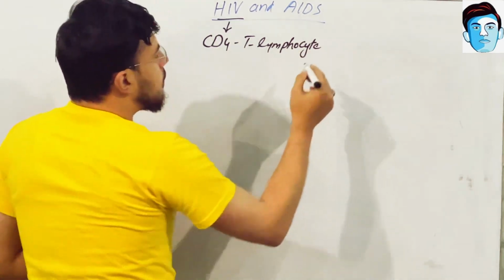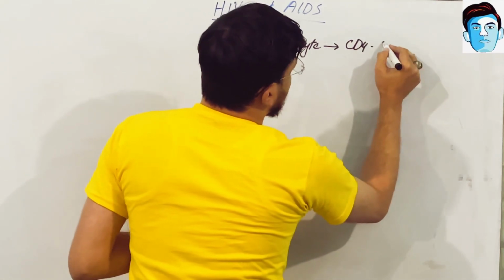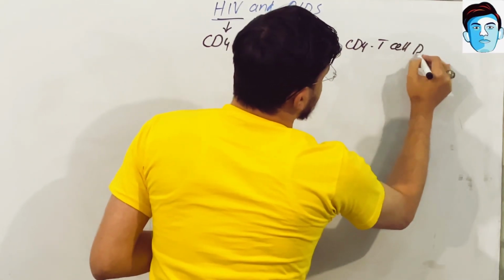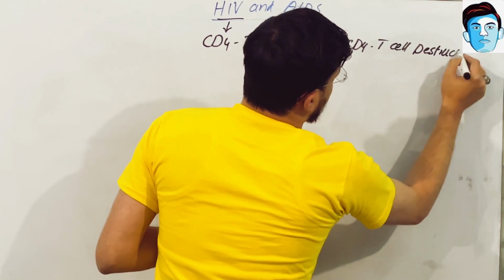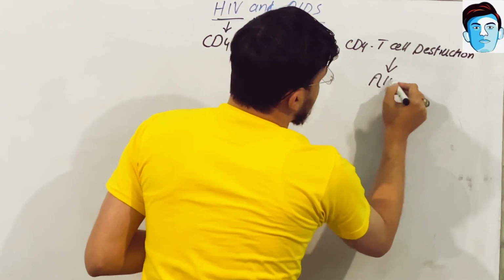Once it affects T lymphocytes, there is CD4 T cell destruction. When CD4 T cell destruction occurs, it leads to AIDS.